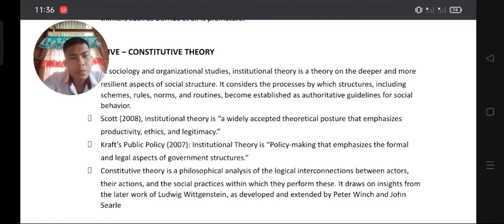Kraft, Public Policy, 2017: institutional theory is a policy-making approach that emphasizes the formal and legal aspects of government structure. Constitutive theory is a philosophical analysis of the logical interconnection between actors, their actions, and the social practices within which they perform them. It draws on insights from the later work of Ludwig Wittgenstein, as developed and extended by Peter Winch and John Searle.